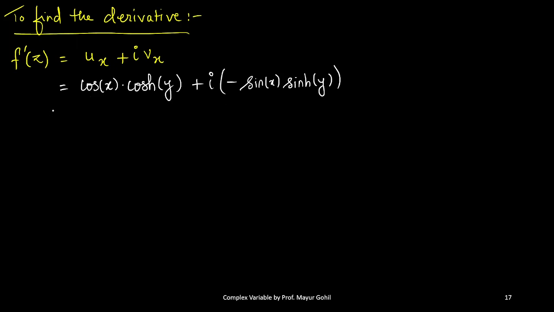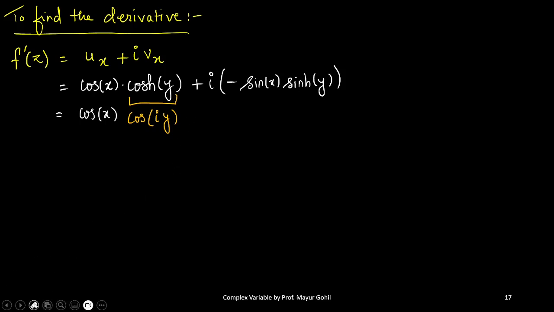Now let me elaborately give you the solution for this. See, now we again go the reverse way round. Cosh of y over here, this expression can be changed. Cosh of y can be written now as cos of iy. Okay, that is what can be done. And further, this manipulation is possible.